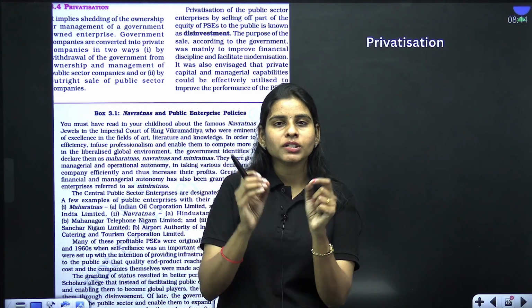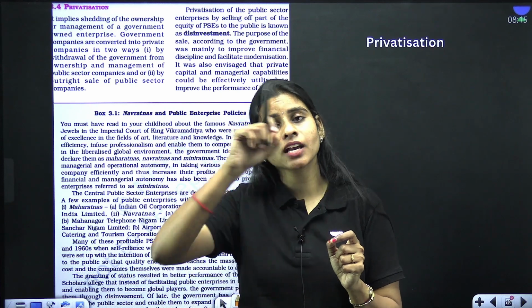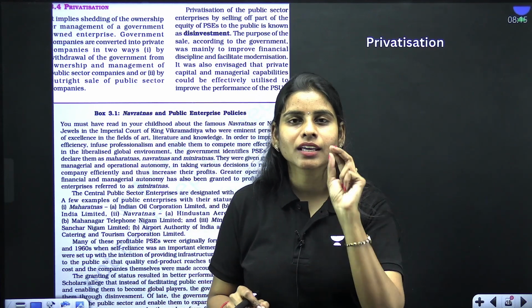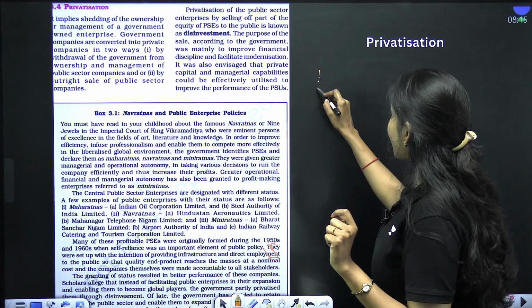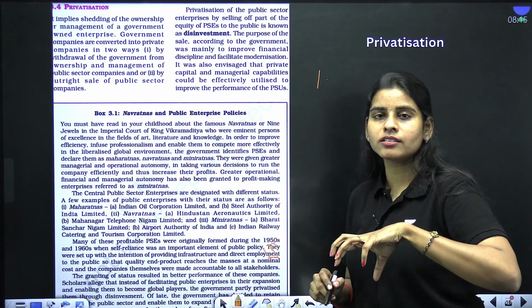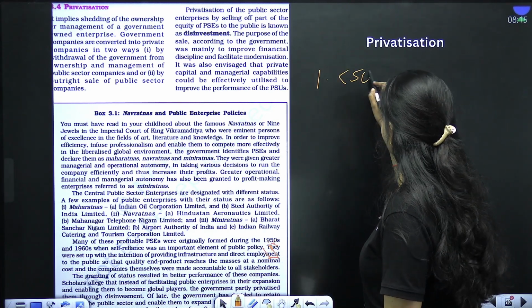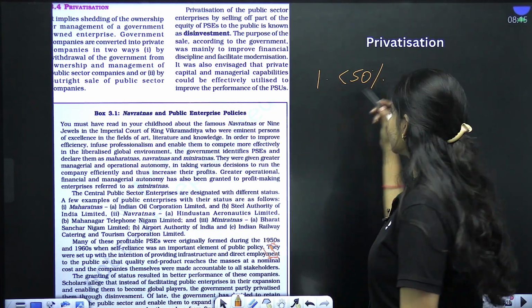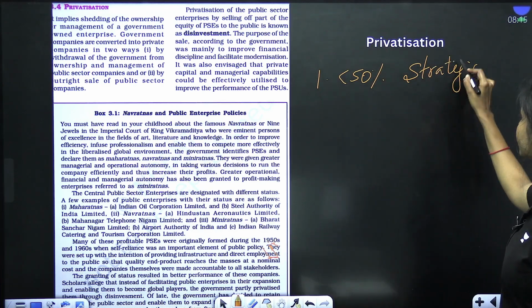So if a government owns any particular company and we say it is getting privatized, it means the government can do privatization under two mechanisms. If the government is reducing its share to somewhere less than 50%, then that is called a strategic disinvestment or a strategic sale.